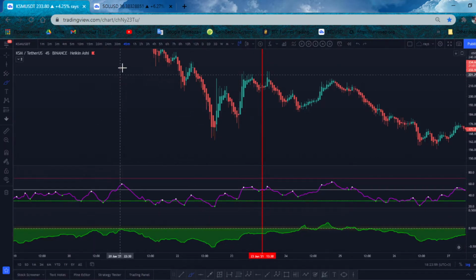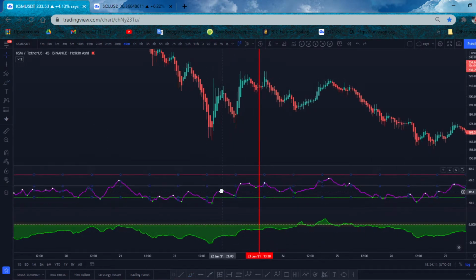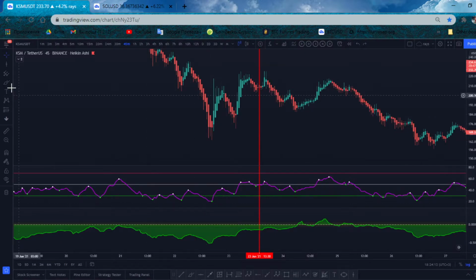So we always have to scan on different time frames, and I'm gonna dive into the smaller time frames. But firstly, on the 45-minute time frame, we see a touch really below the oversold region right here, and then on the RSI we are making a higher low, a confirmation for an uptrend, and we're going up.